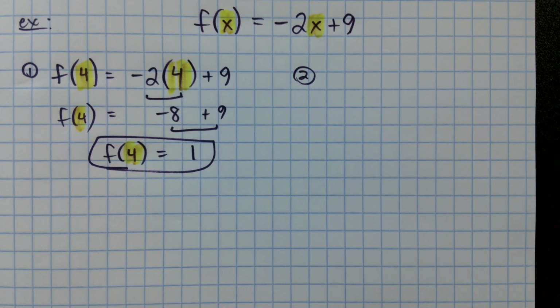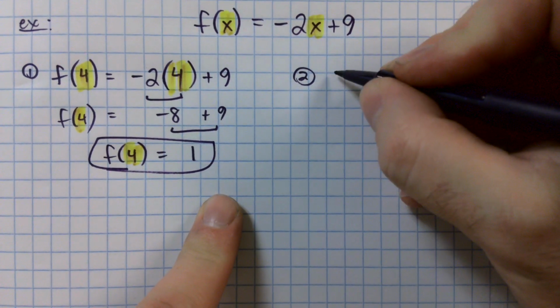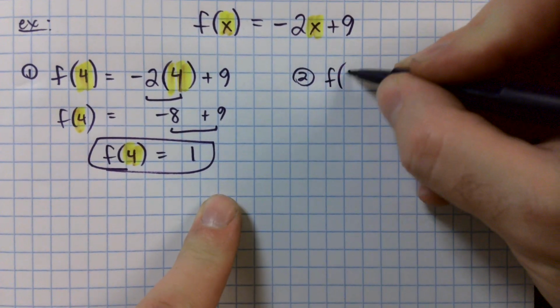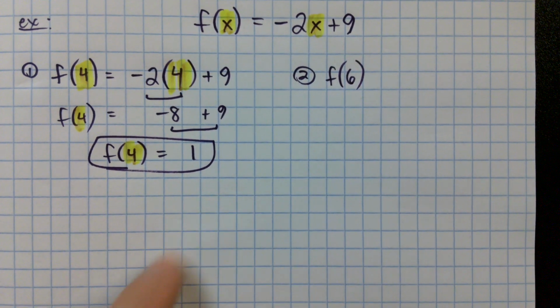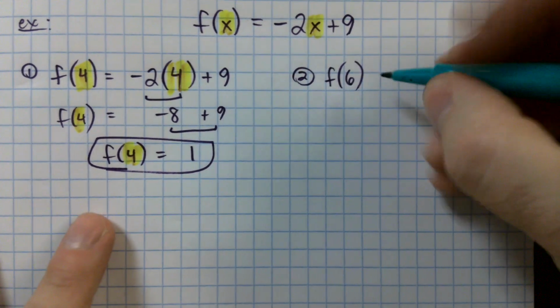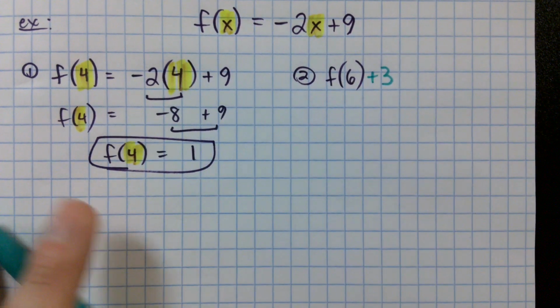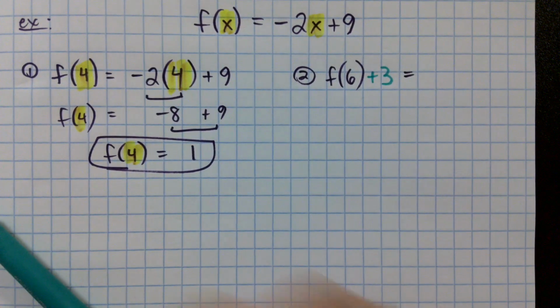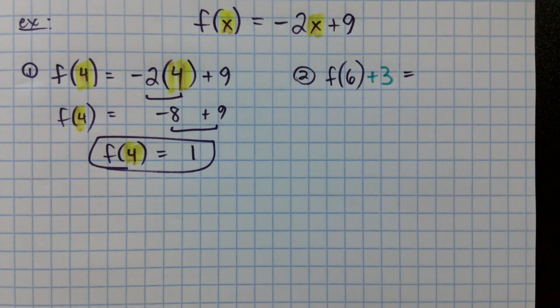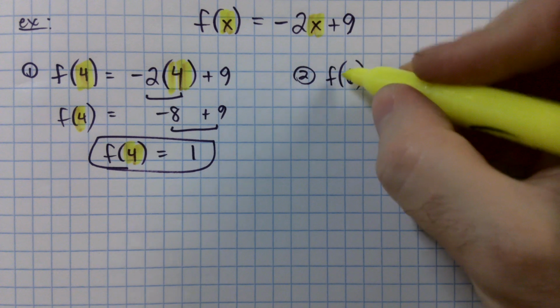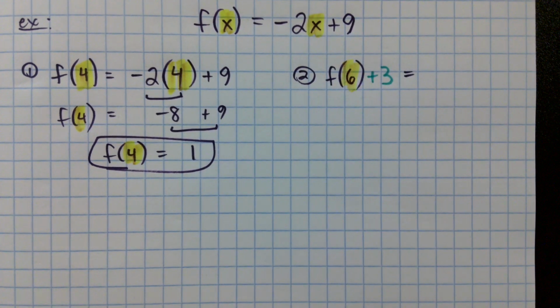Now, let's say I wanted to do f of 6 plus 3. For our first example, I was just putting in an input of 4. Now I'm going to put in an input of 6, and then whatever I get, I'm just adding 3. That's what this means.